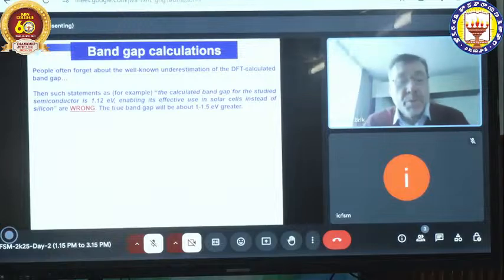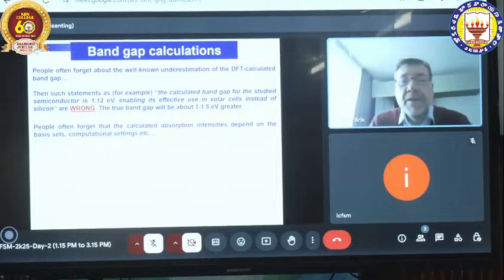And why? Because the true band gap will be at least 1.5 eV greater. So then this material will absorb not infrared light, but blue light or even UV light.